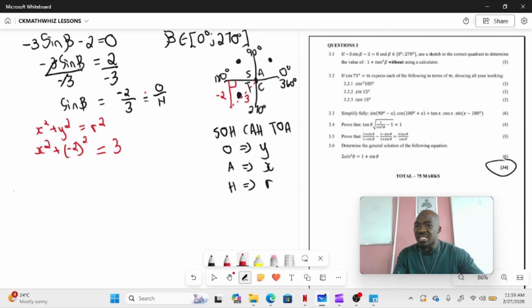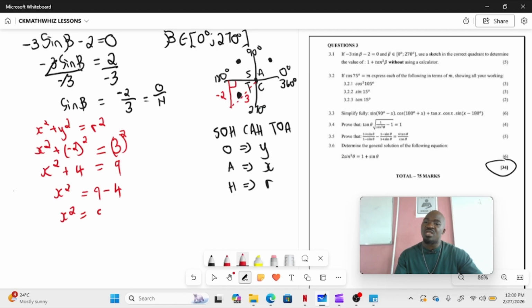We have x squared plus 4 equals 3 squared. I'm making a mistake here, so 3 squared is going to be 9. So we have 9 minus 4, which means x squared is going to be 5.